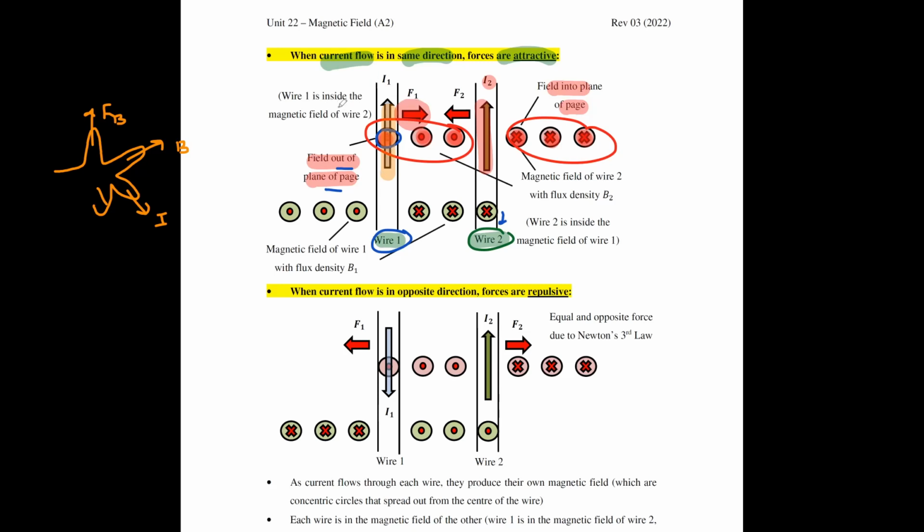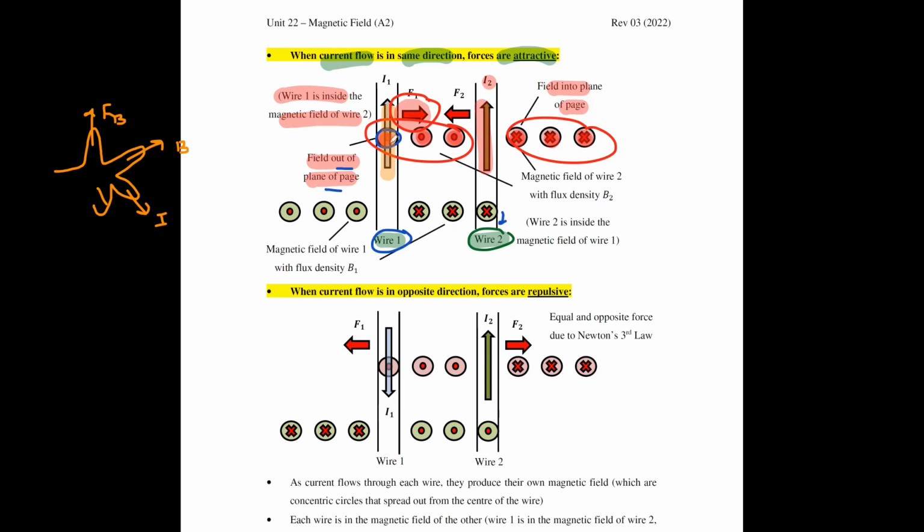The magnetic force exerted on wire 1 is due to the fact that wire 1 is inside the magnetic field of wire 2. So we have predicted the direction of the magnetic force on wire 1. Now, you may be wondering: since current flows through wire 1, shouldn't it also establish its own magnetic field? By right, yes.